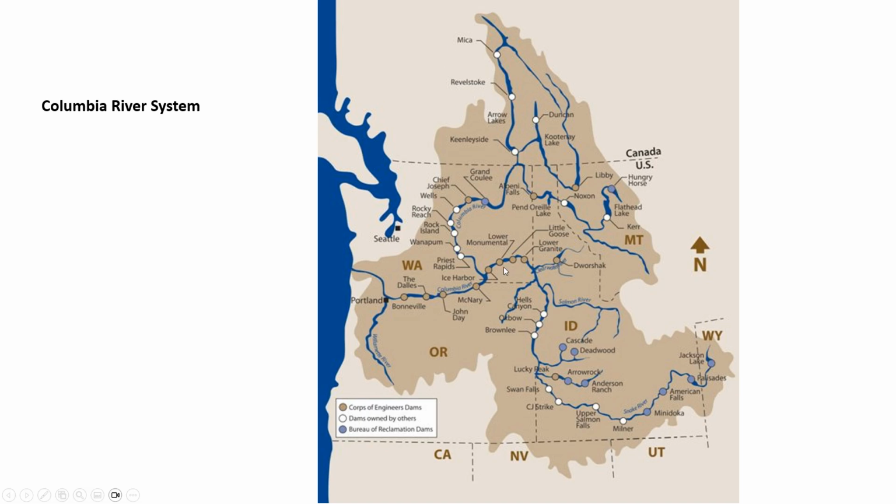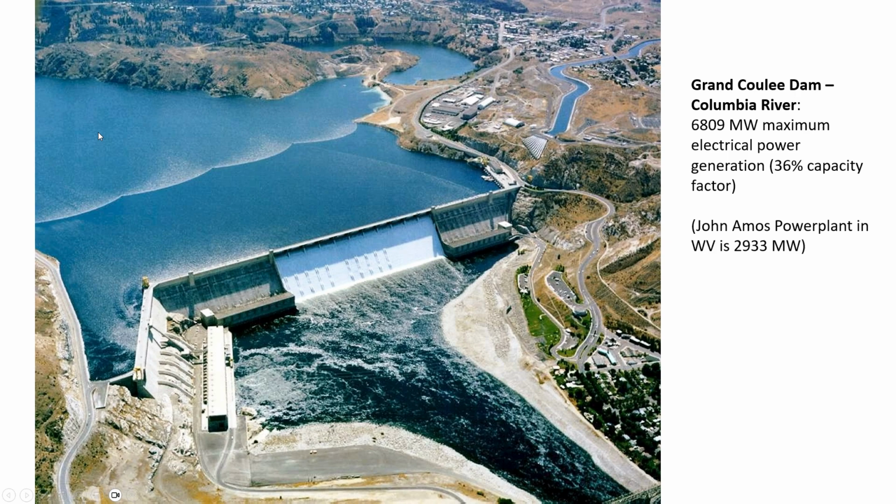And so you're probably familiar with the fact that in Idaho they grow a lot of potatoes. In Washington and Oregon, they're both highly involved in the agricultural industry, and so it's a great way to get those food items to market. But also, it's an important source of electricity for the region because they have a dam on the Columbia River, the Grand Coulee Dam.